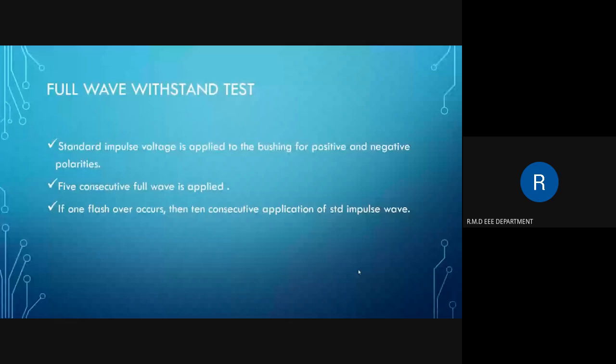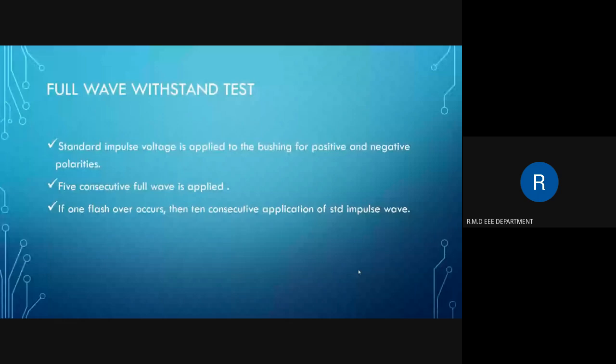This method of testing is known as the full wave withstand test.